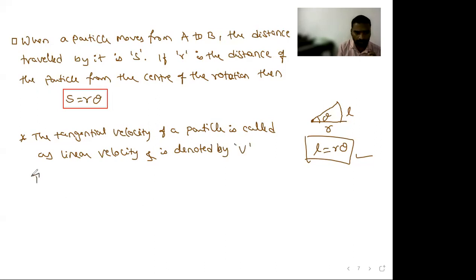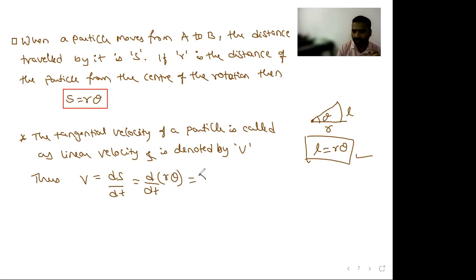Thus v is equal to, in terms of linear displacement, ds upon dt. Now you know S is equal to, in terms of angular displacement, R into theta. d by dt of S is equal to d by dt of R theta. Here R is constant, correct?